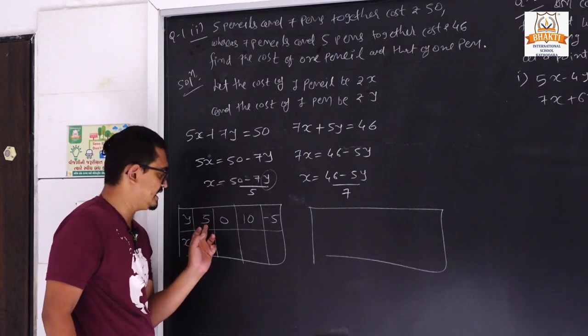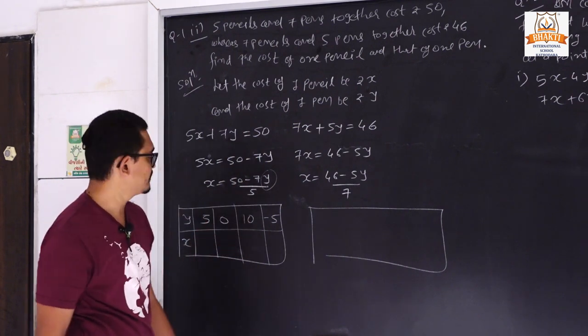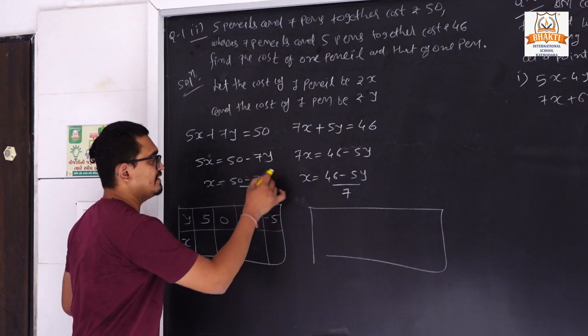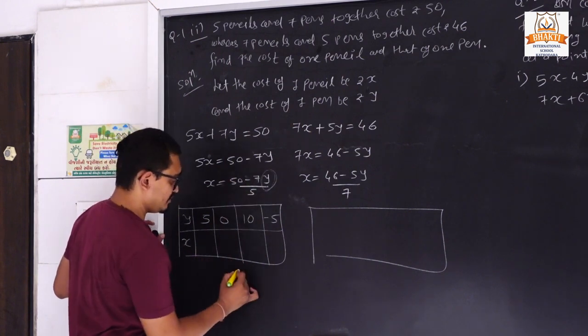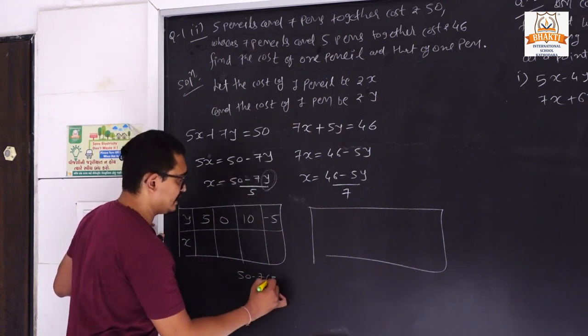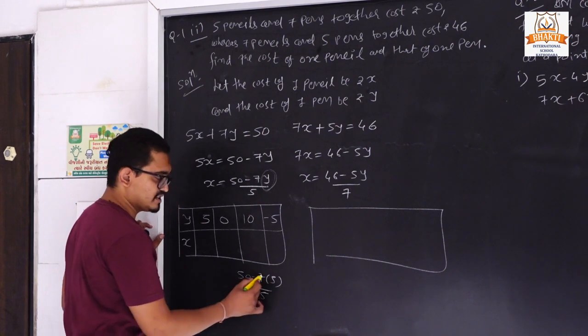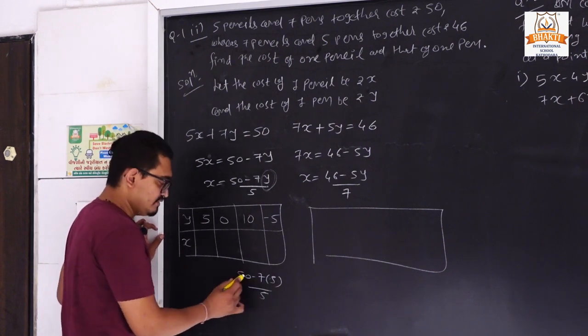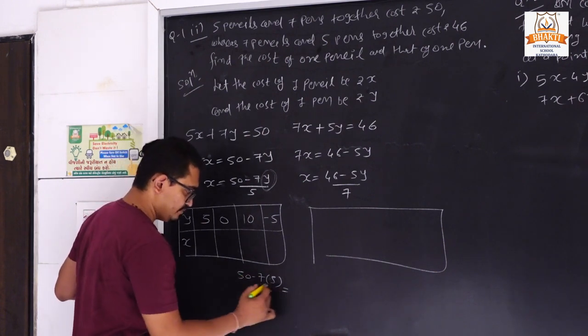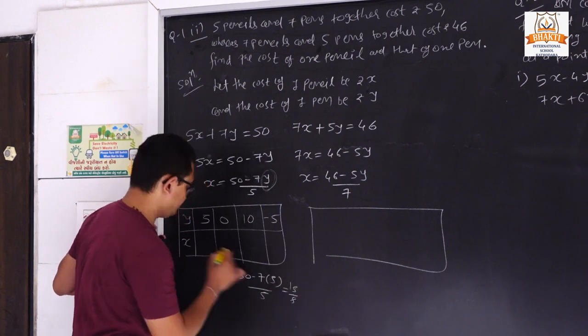So that's why we are taking 5, 0, 10, minus 5. So first of all here I am putting 5, so 50 minus 7 in bracket 5, upon 5, so 7 fives are 35, 50 minus 35 is 15, so here we have 3.